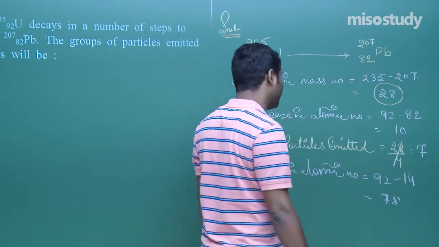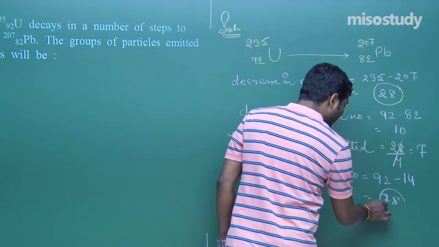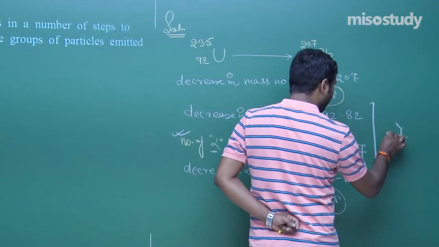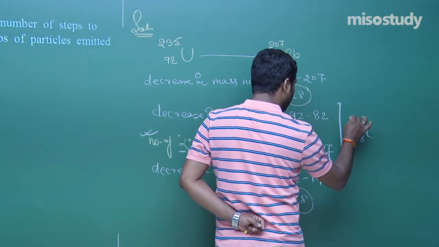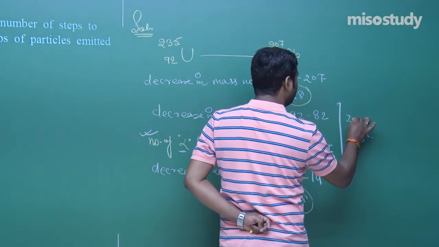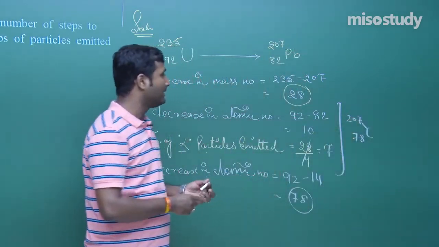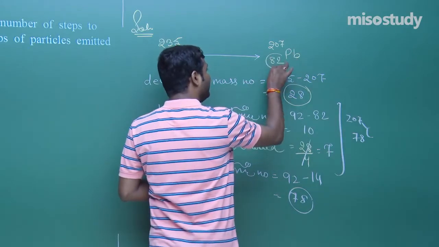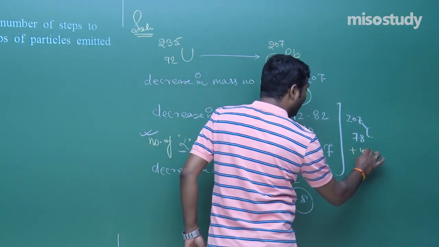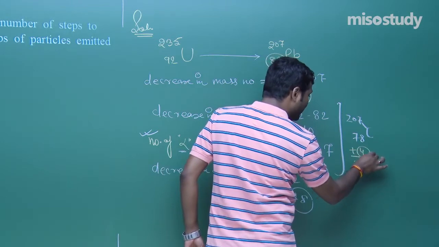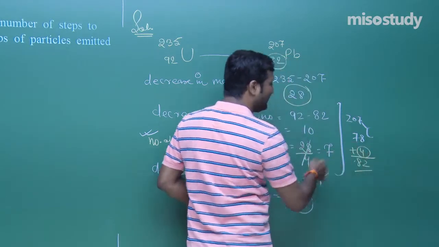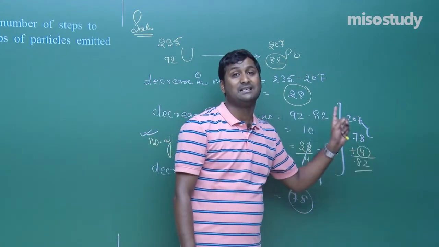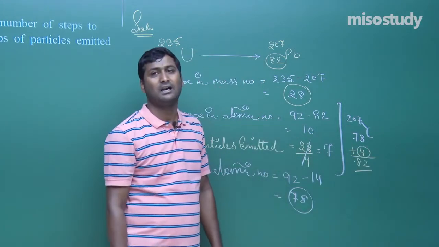That is, the actual atomic number of the daughter element should be 78, and the mass number should be 207. But here what we observe is that the atomic number is not 78, it is 82, that is plus 4. Clear? That difference of 4 symbolizes that there is an emission of beta particles also.